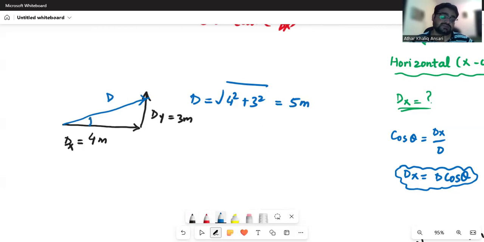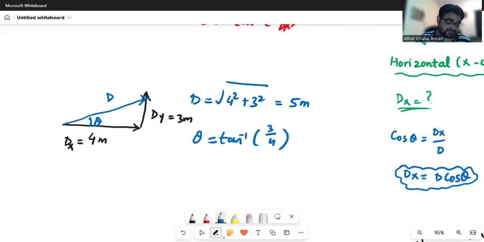Now the second thing is the direction theta, that can be mentioned with the horizontal axis. So this theta will be tan inverse dy over dx, meaning 3 over 4. Hold your calculator and press shift tan 3 over 4.